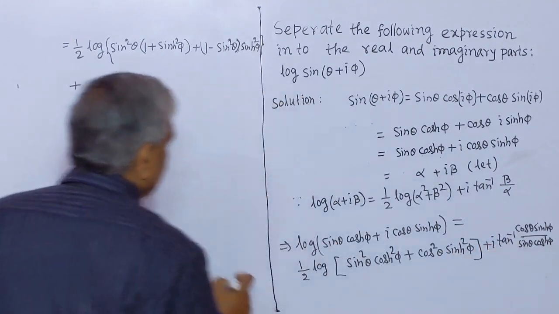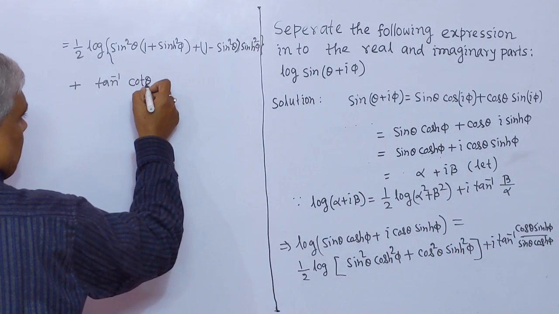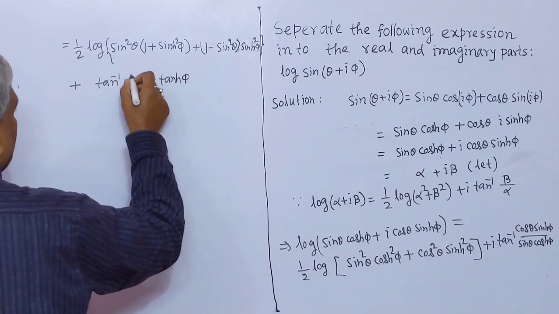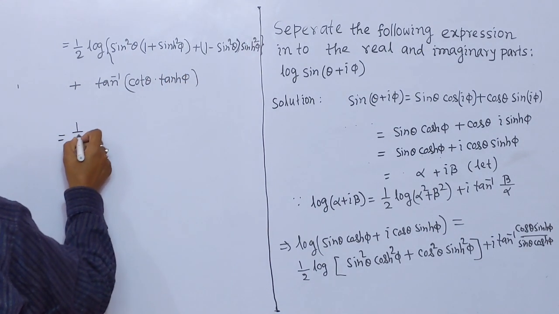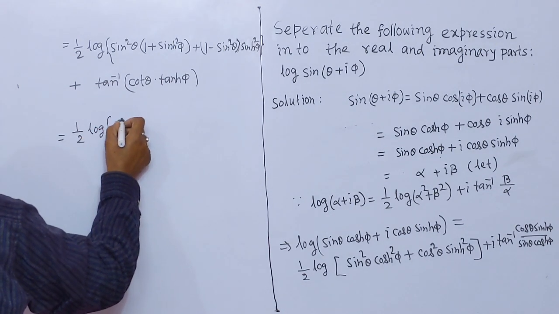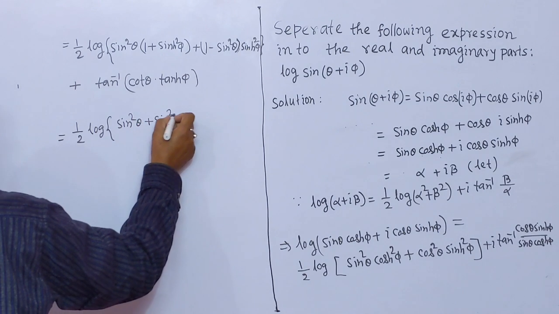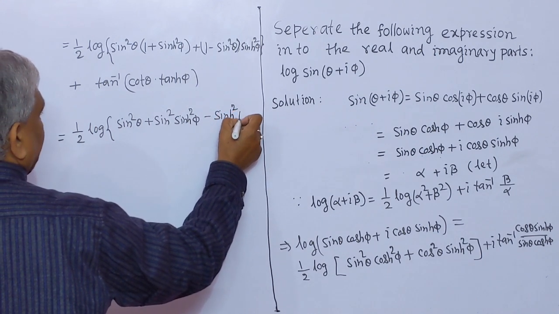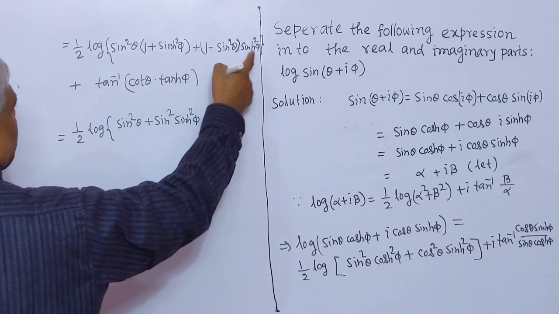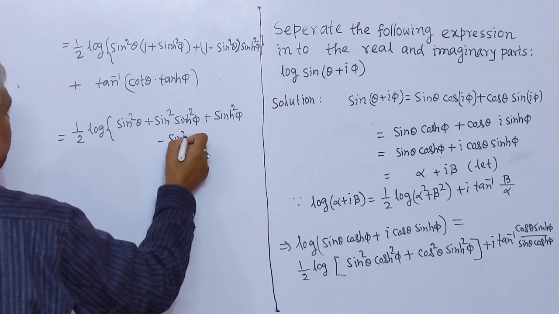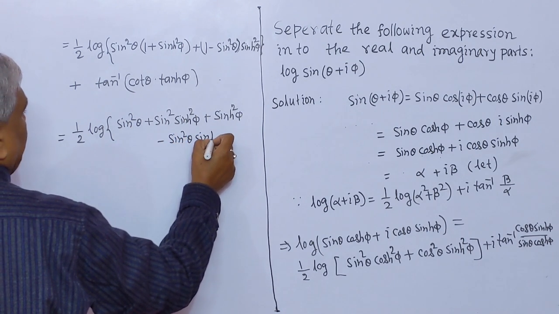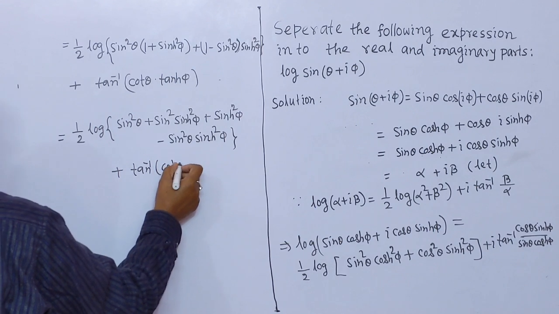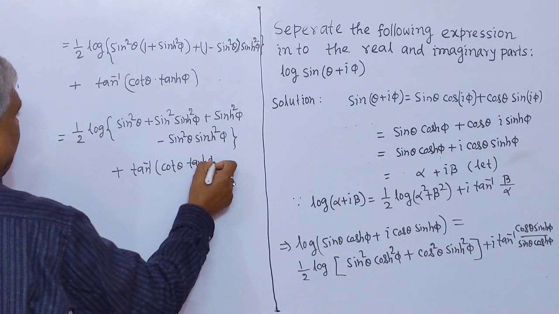Here cos theta by sin theta is cot theta and sin hyperbolic phi by cos hyperbolic phi is tan hyperbolic phi, and this will be equal to half log sin square theta plus sin square theta sin hyperbolic square phi plus sin hyperbolic square phi minus sin square theta sin hyperbolic square phi, plus tan inverse cot theta tan hyperbolic phi.